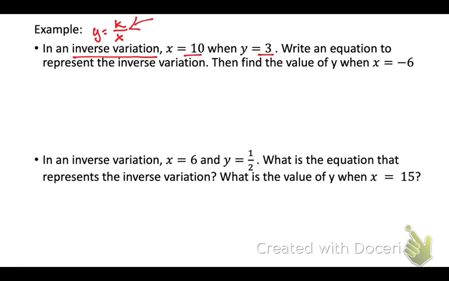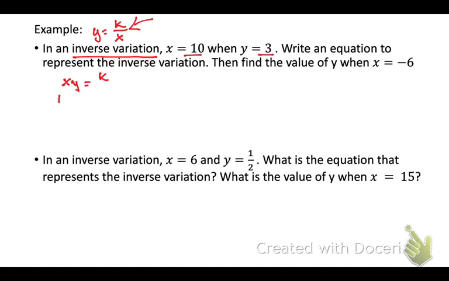I like to move around my equations before I put numbers in them, because what if my numbers are big and I mess them up? So I have y equals k over x, and I need k, so that means I multiply by x. So I have xy equals k.